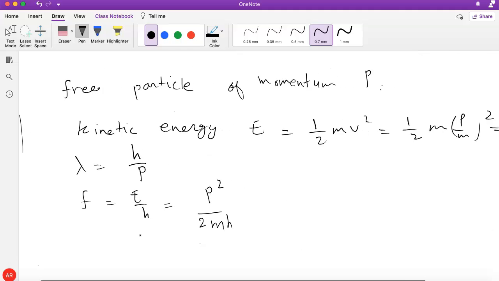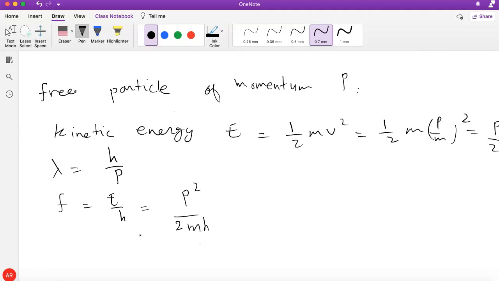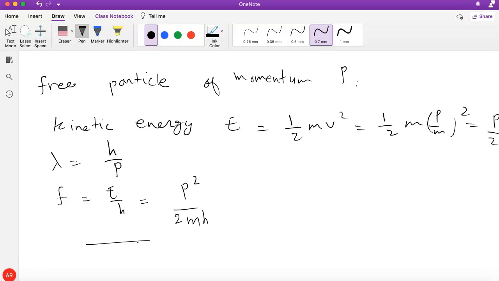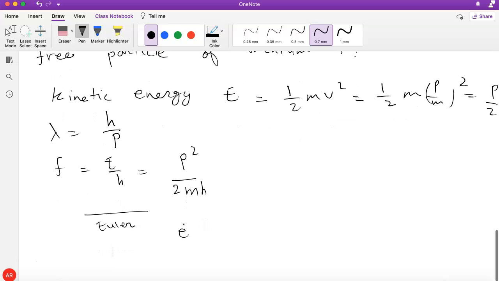Okay, so now if I want to write a sinusoidal plane wave, remember the Euler equations, we had sines and cosines. Alternatively, we could use e to the i theta and e to the minus i theta. Just to remind you, Euler equations: e to the i theta was cosine theta plus i sine theta, and e to the minus i theta is cosine theta minus i sine theta.